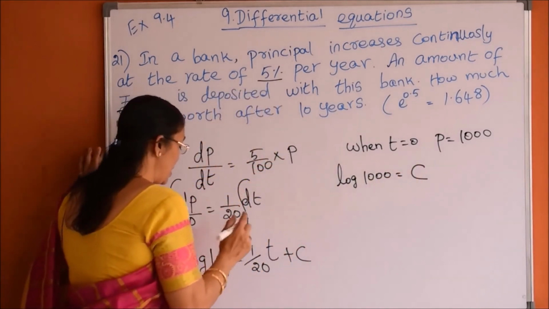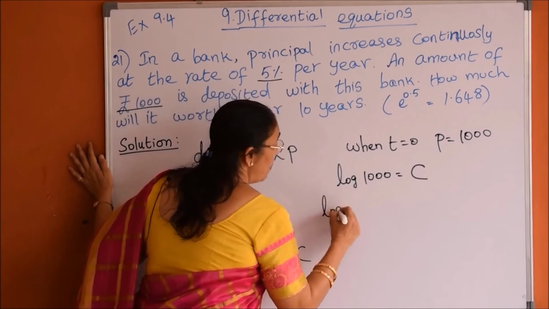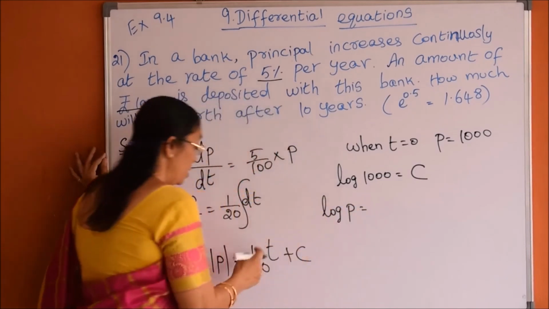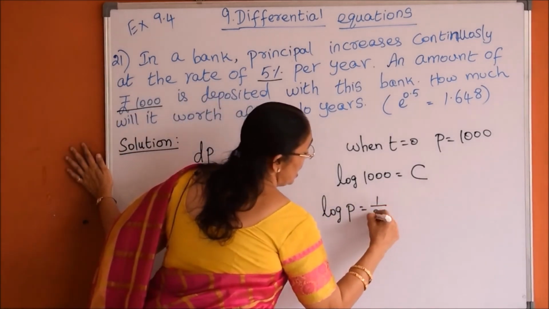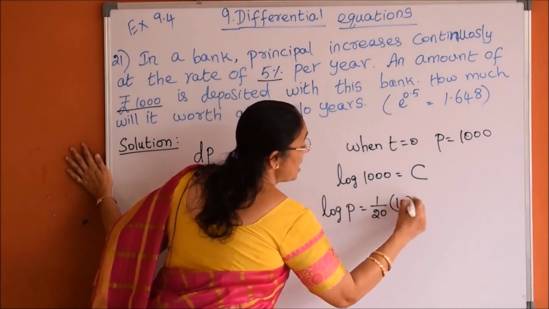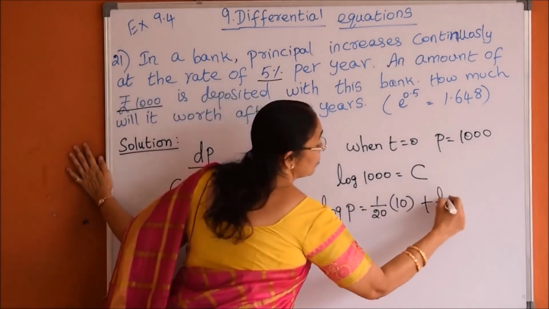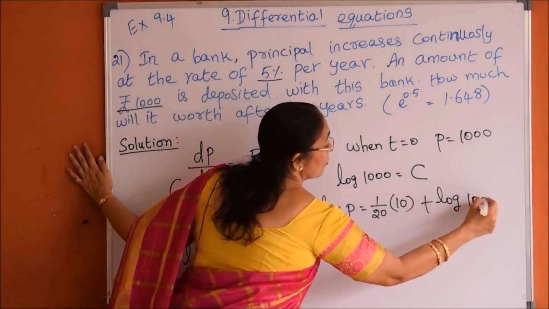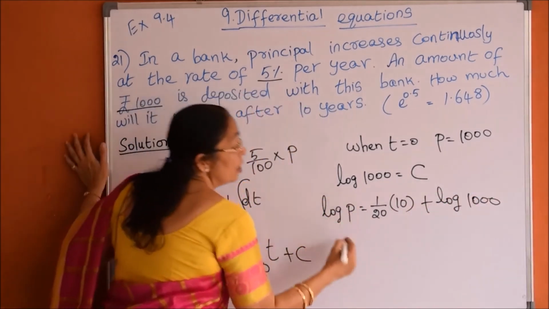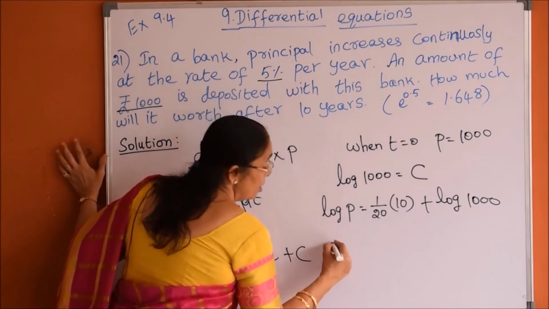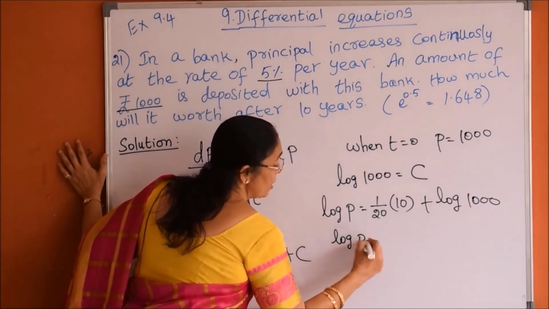Substituting the c value here, log P is equal to 1 by 20 into t, where the question is after 10 years, so t is 10, plus log 1000. So let us bring log 1000 to this side: log P minus log 1000.